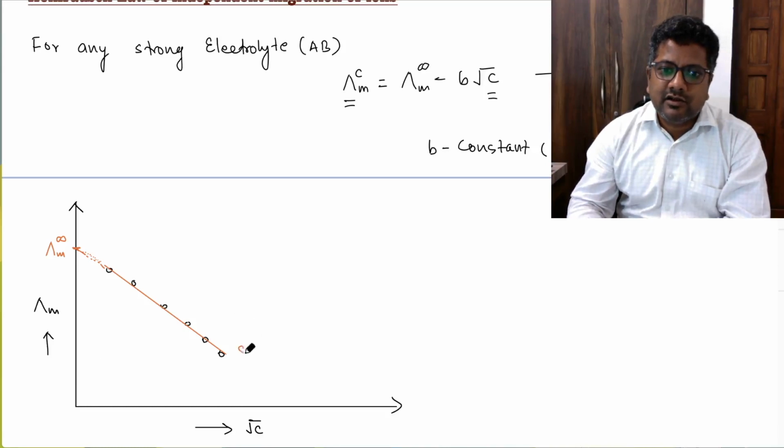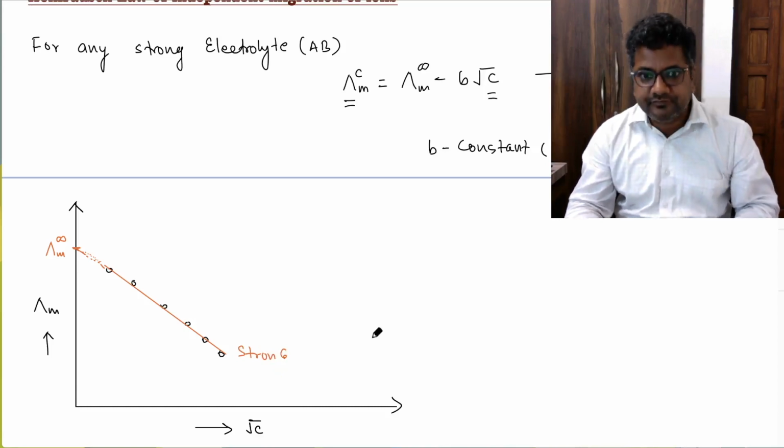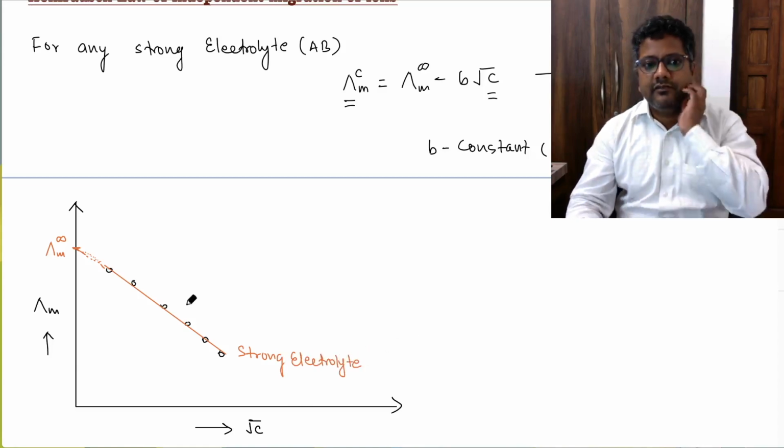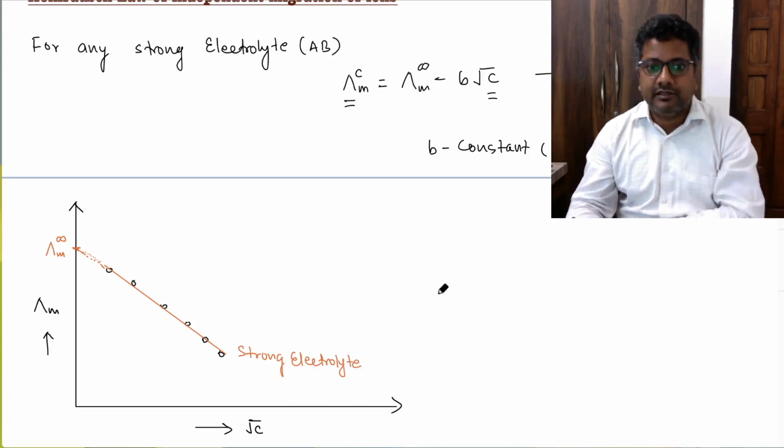So for a strong electrolyte, we will get this type of graph.